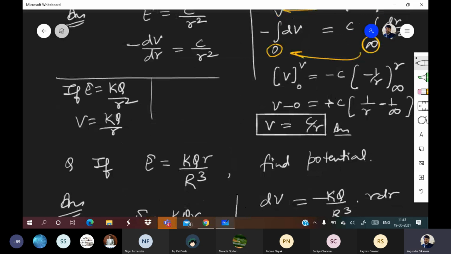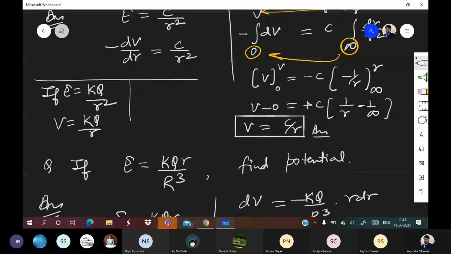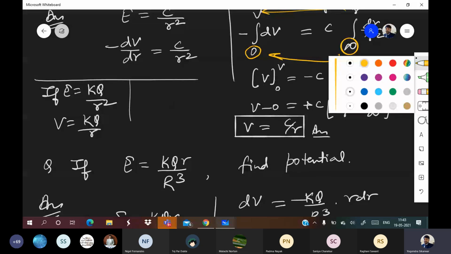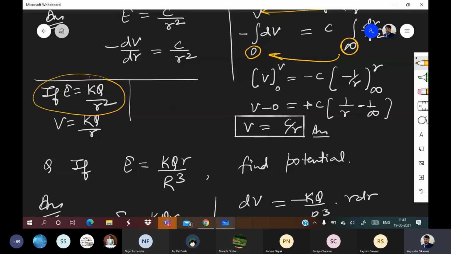What I was telling you basically, that we know when E is equal to KQ by R square, V is equal to KQ by R. Correct? We know that. So same way here also, the question was E is equal to C upon R square.